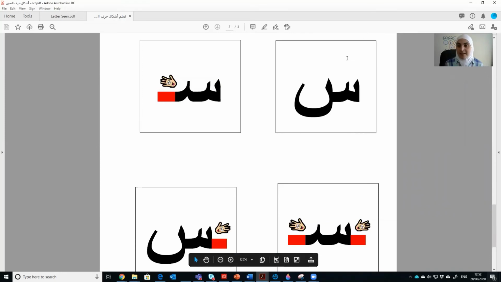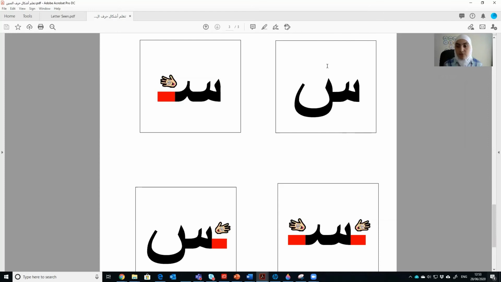Let's count them again. 1, 2, 3, 4. رائع. حرف السين has 4 forms.